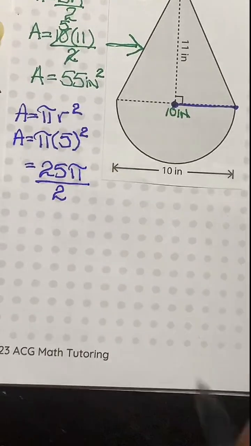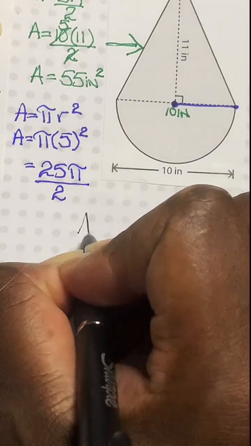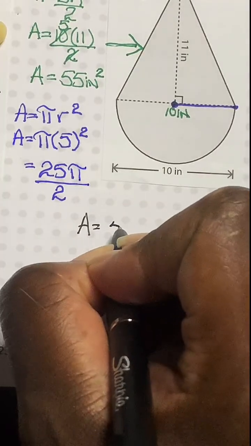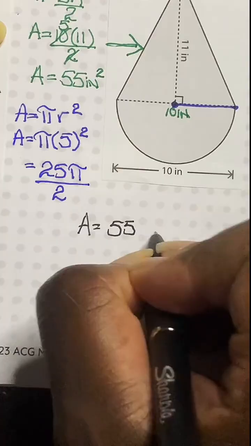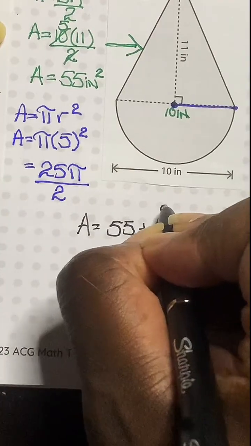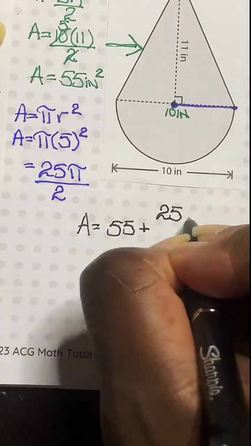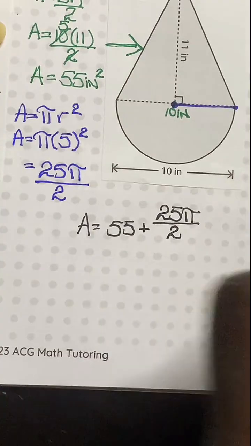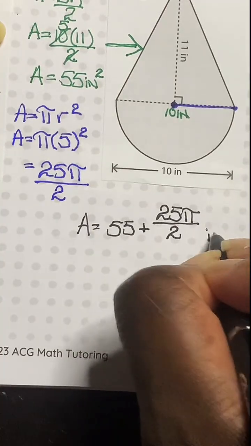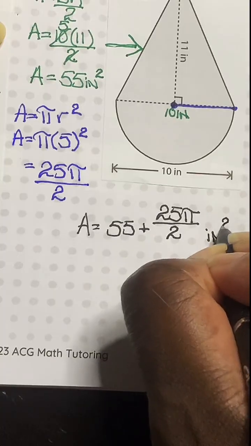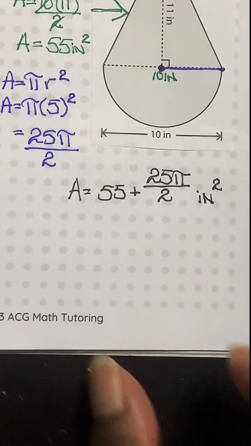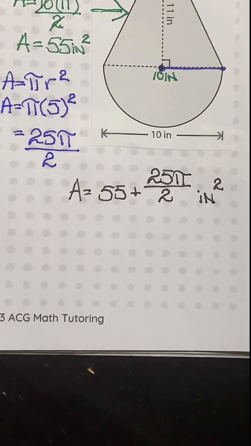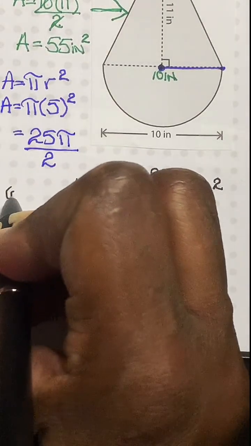If they want the exact answer, our area is going to be 55 plus 25 pi over 2, and it's square inches. And you're probably saying, can we do that? Yes, you can, if they want the exact answer.